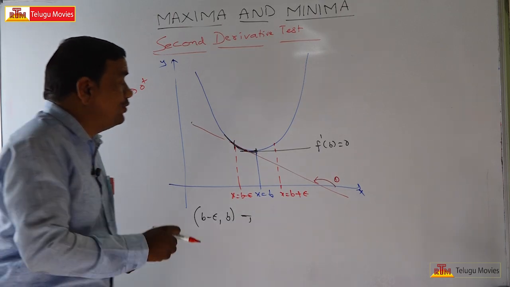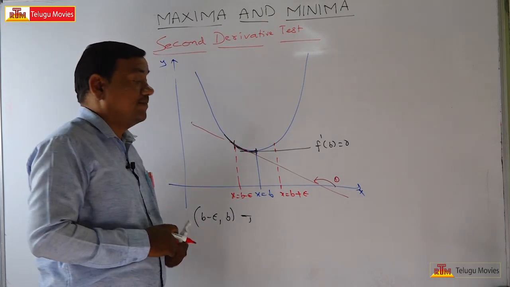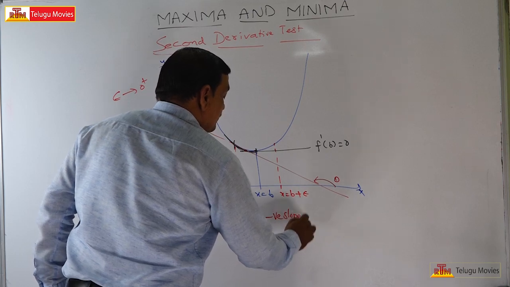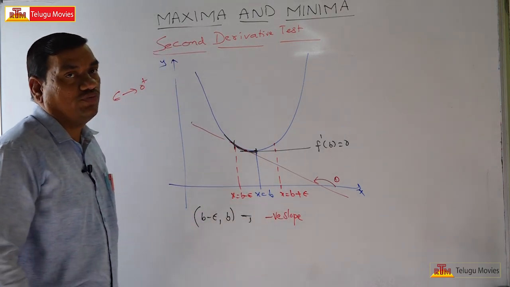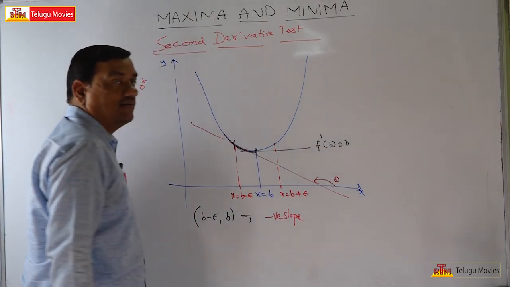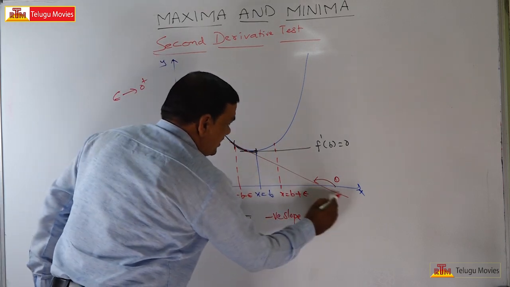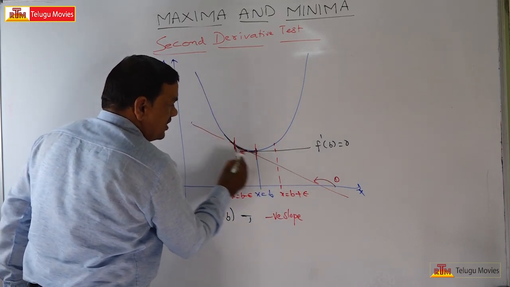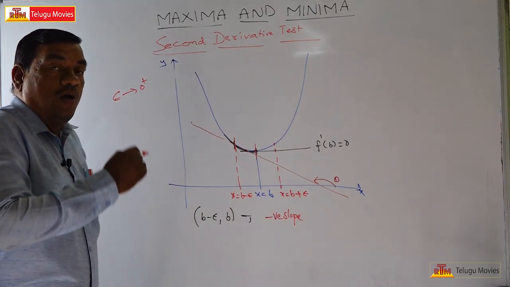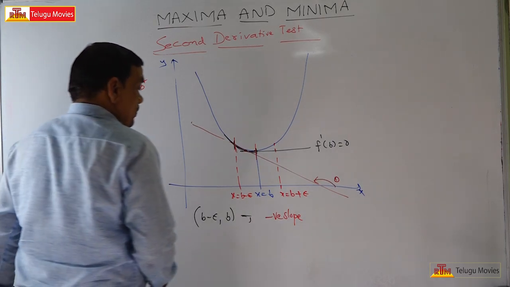Obtuse angle means negative slope, first negative slope you will get. So dy by dx is negative. Any tangent up to here is making more than 90 degrees with the x-axis, negative slope.